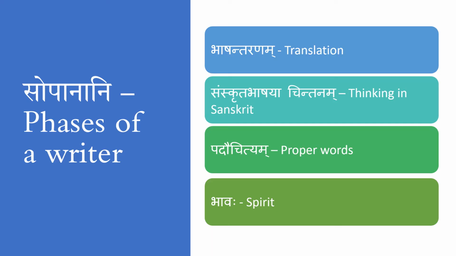Here there are four steps or phases of writing in a language, and these steps are in general applicable for any language. The first one is bhashantaranam, or translation. Because this is a new language, one is not used to it. The vocabulary or the collection of words could be very limited, and the style of usage could be very limited.